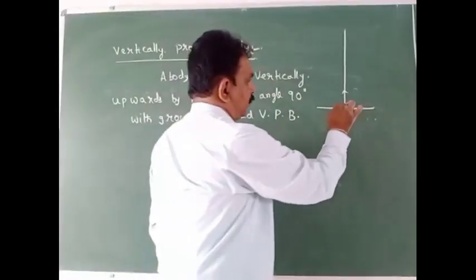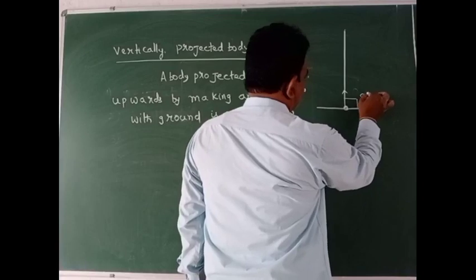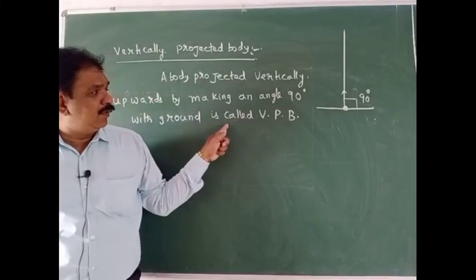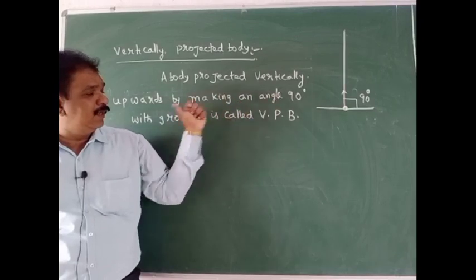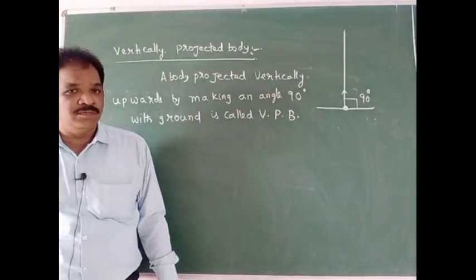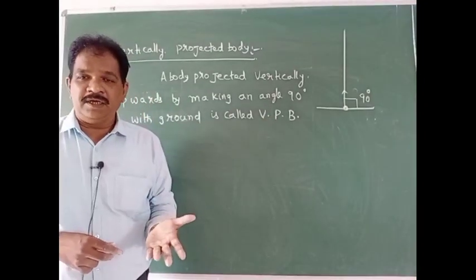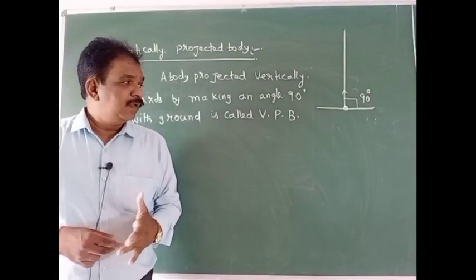This angle will be how much? 90 degrees. A body projected vertically upward by making an angle of 90 degrees with the ground will be called the vertically projected body.